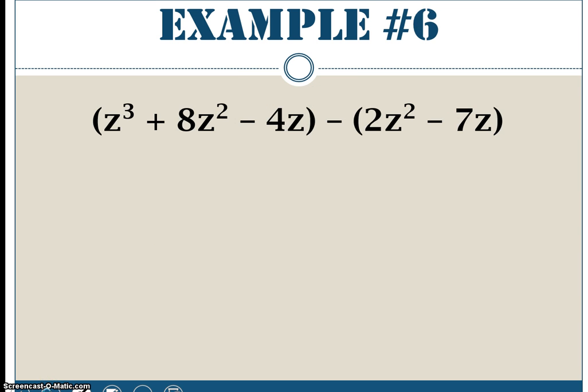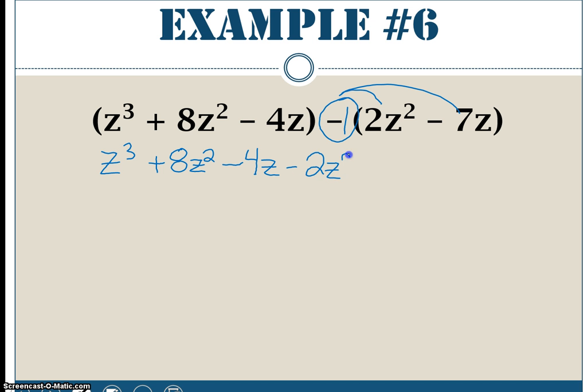Finally, my last example, we're going to drop the first part out of the parentheses, so I get z cubed plus 8z squared minus 4z, and then multiply the second polynomial by a negative 1. So negative 1 times 2z squared is negative 2z squared. Negative 1 times negative 7 is a positive 7.